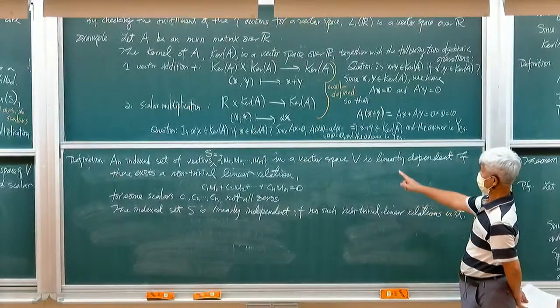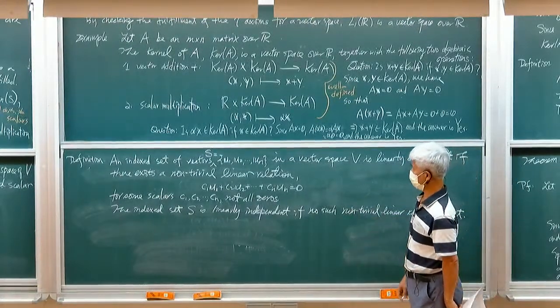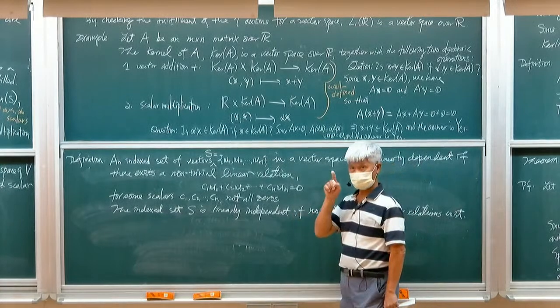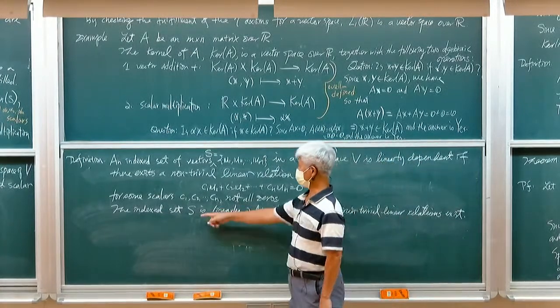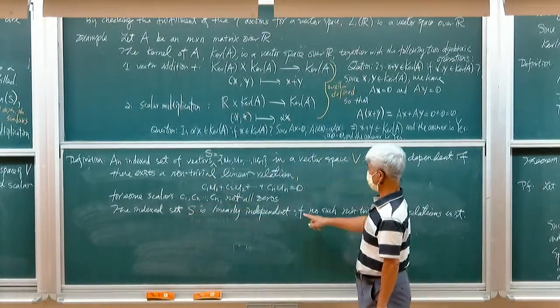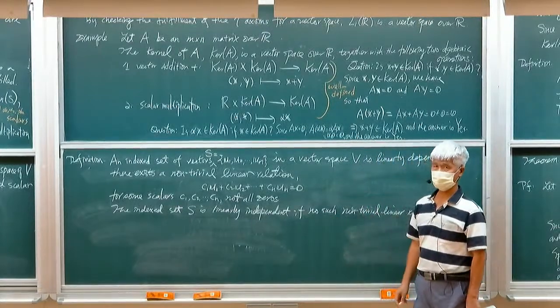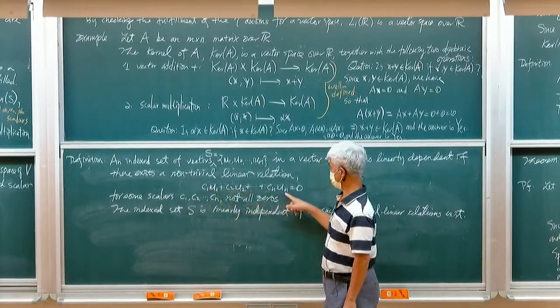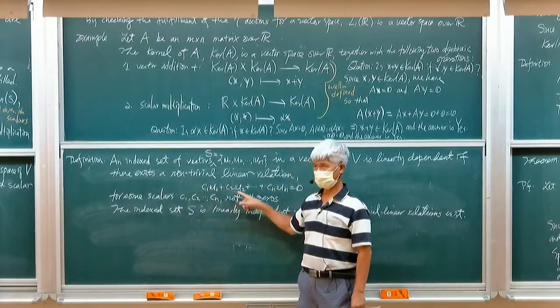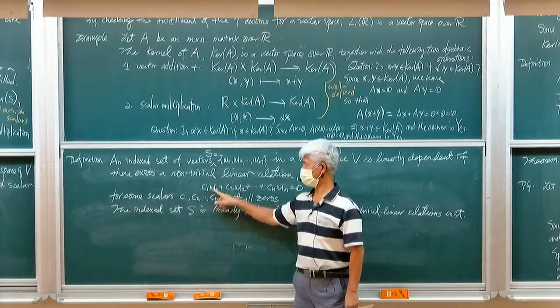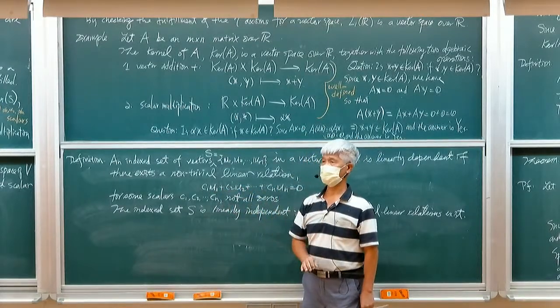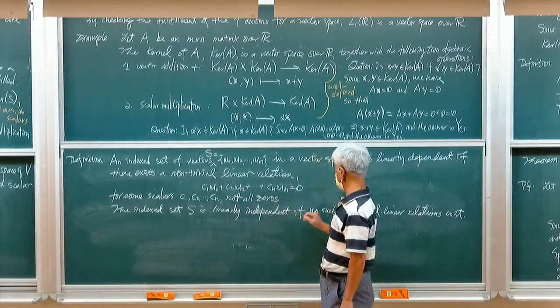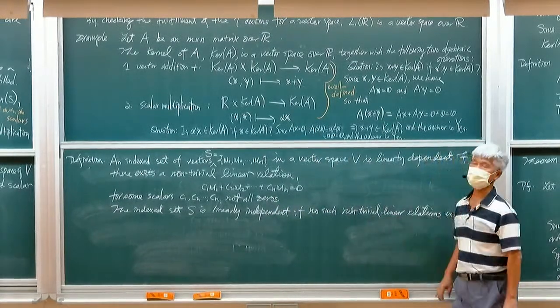So from the definition, if you want to justify an indexed set to be linearly independent, then you have to show that for any linear relation, the coefficients should be zeros, meaning you can't find any non-trivial linear relation.